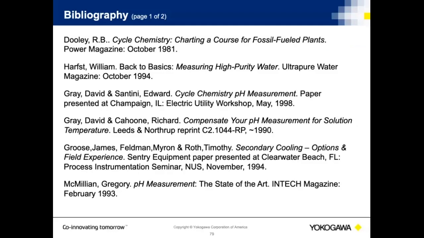But Tim, the first question we received, and I know you talked about this a little bit, is what is the typical life of a Bellomatic reference electrode? That's a great question. In some of my key power plants, I've seen the reference electrode last anywhere from 4 to 5 years.